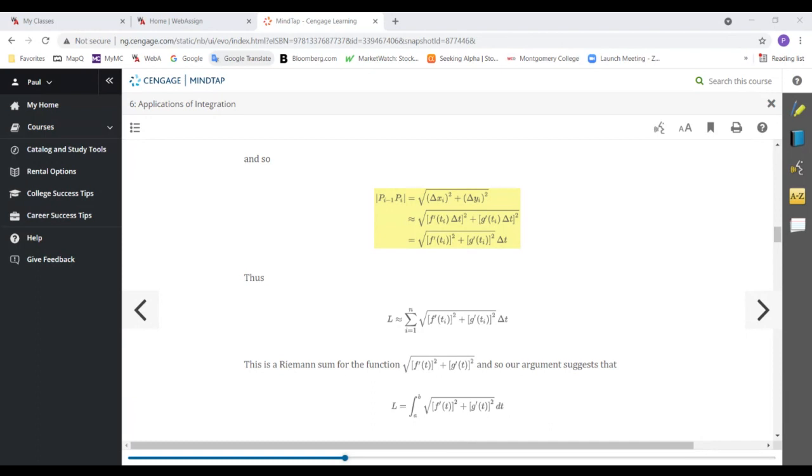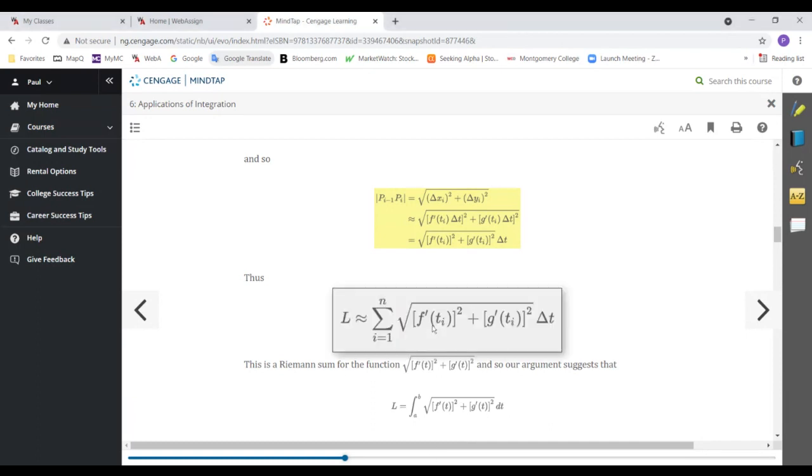But what are we going to do with that? The length of the arc is approximately equal to the sum of the lengths of those n line segments that they draw on the arc. But it's an approximation.